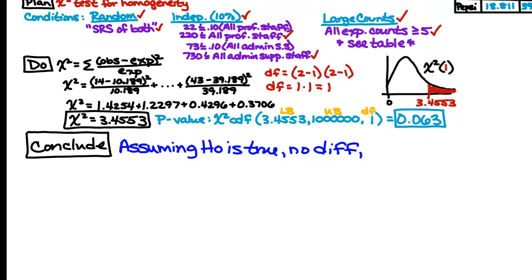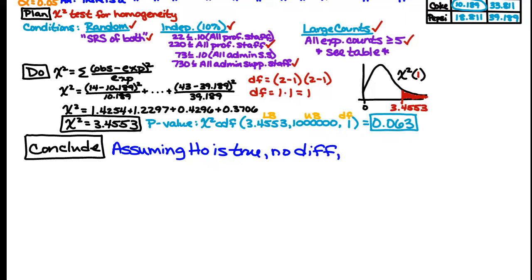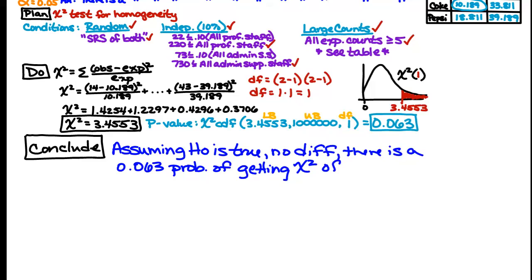Assuming H0 is true, there is no difference between these two groups. There is a 0.063 probability of getting a chi-square test statistic of 3.4553 or greater purely by chance.